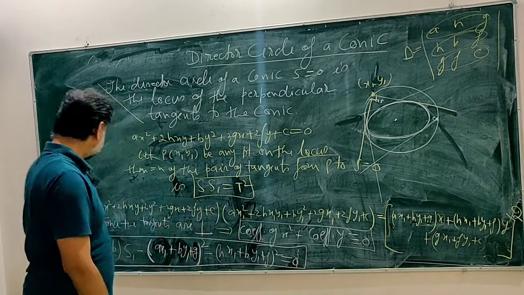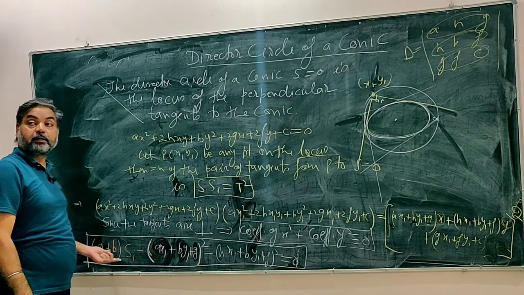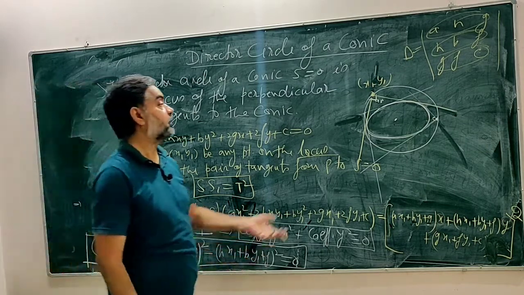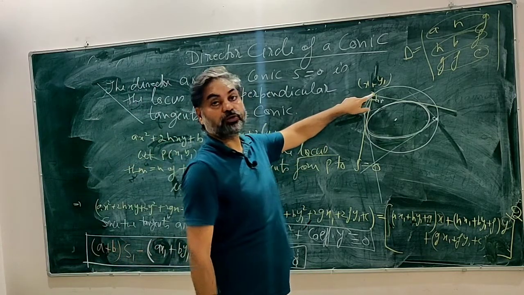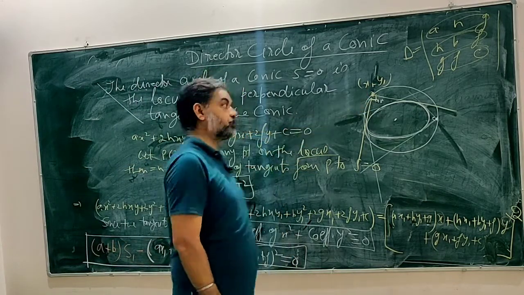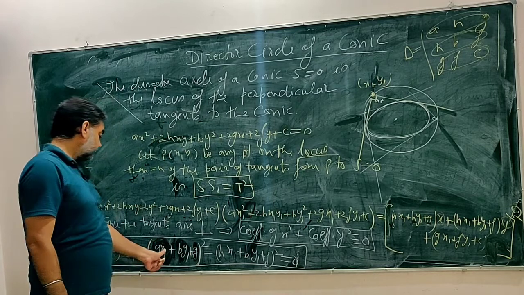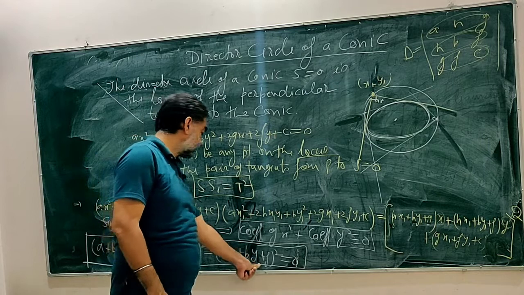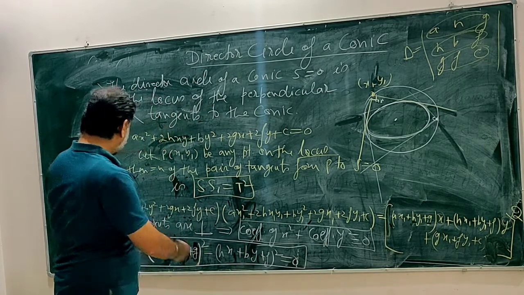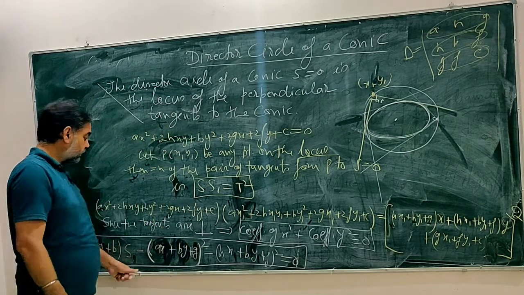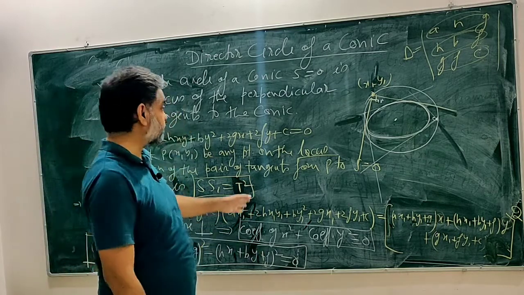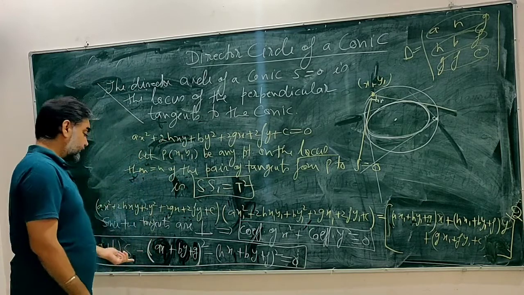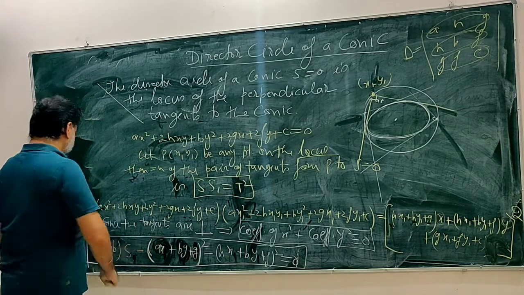Alright, so this is a condition in x1 and y1. To find the equation of the locus of x1 and y1, replace x1 by x and y1 by y. Wherever you have x1, replace it with x, and wherever you have y1, replace it with y. You get this equation. This is the equation of the director circle.